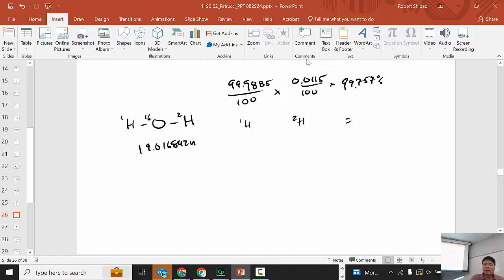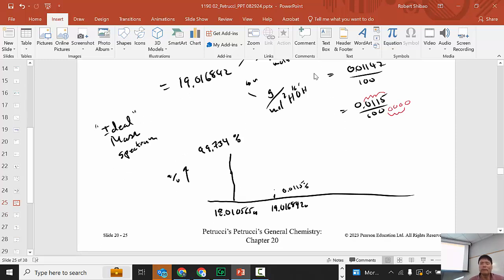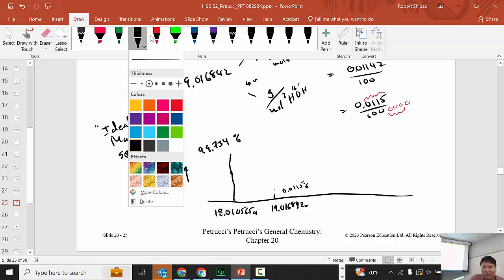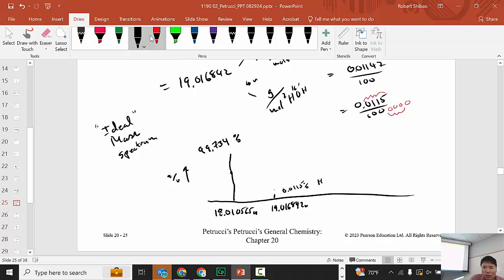And do you know what this is going to come out to? 0.0115%. Now, what do I do with this percentage? This first 0.0115% is for making H1O16H2.